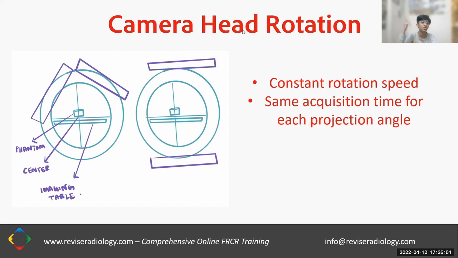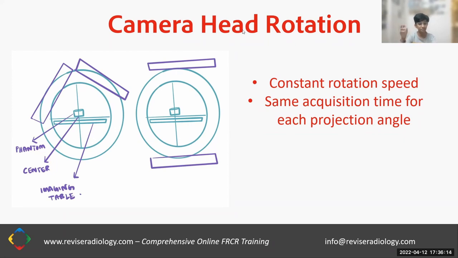But if it's moving very quickly in some areas, it will catch fewer tomatoes. This doesn't mean that those places in the body are throwing fewer tomatoes or emitting fewer photons. However, because the rotation speed is different in different parts, we're catching fewer of the photons at certain areas, and so this will lead to artifacts being produced.